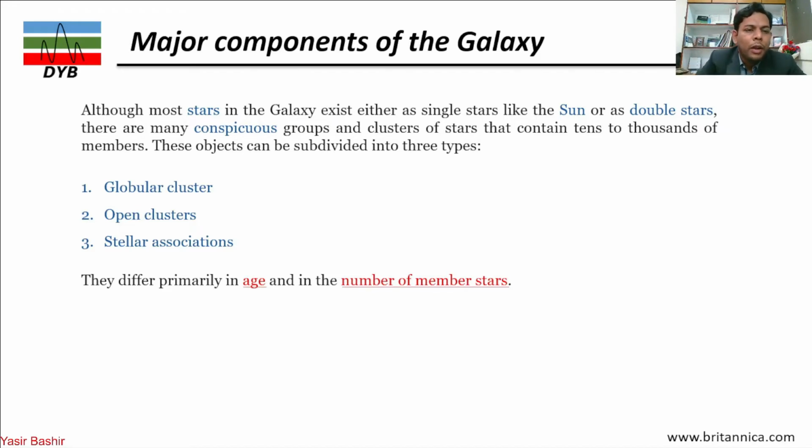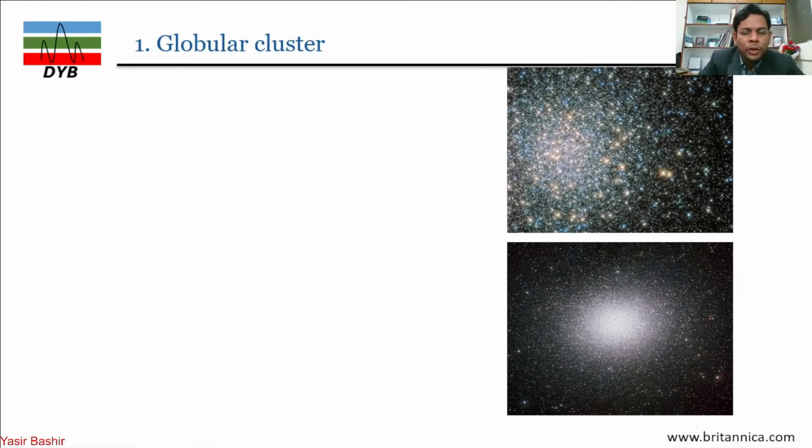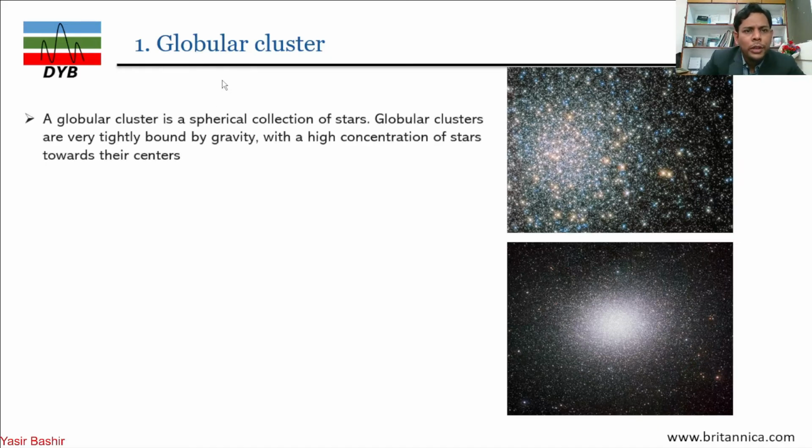Let's look at the first component of a galaxy, the globular cluster. The term globular comes from global, so it looks like a globe: stars or clusters together forming the globular cluster.